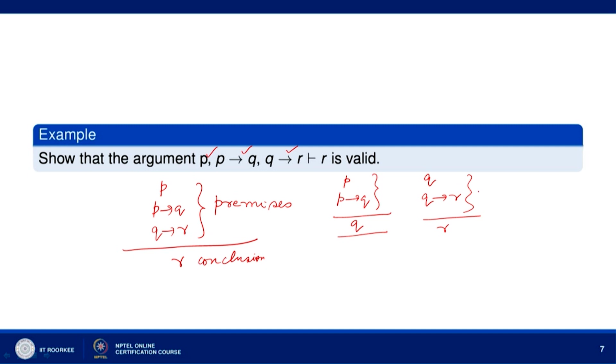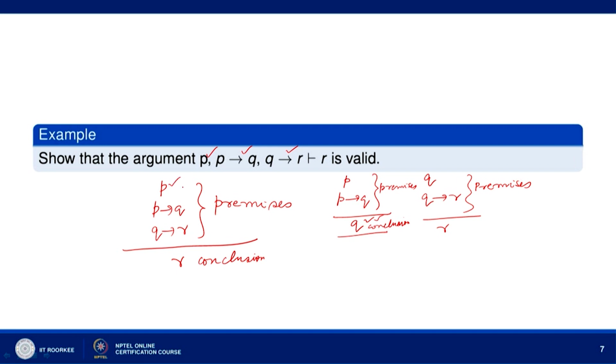So, here these are premises, this conclusion. Then we take this Q and combine Q with Q implies R. So, now these become premises.